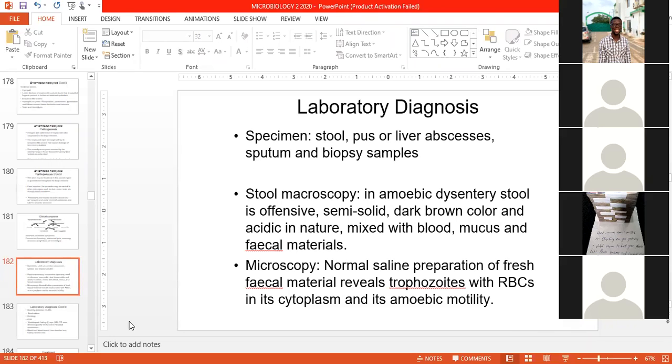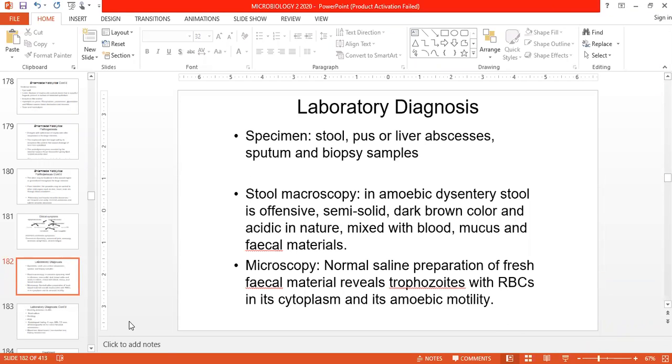Please, let's take note. In case I give you a case study, I will use the presentation, so I can decide to describe the type of stool that the patient is passing out. This should give you a clue to what type of organism is responsible.